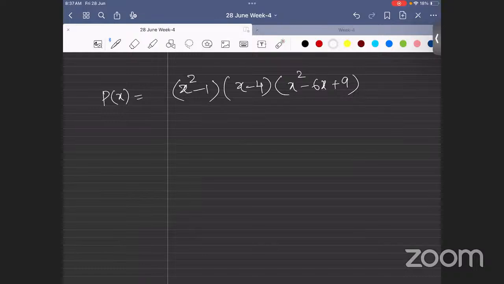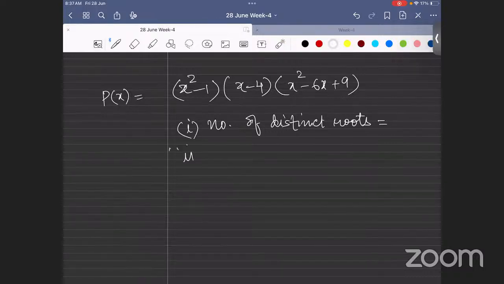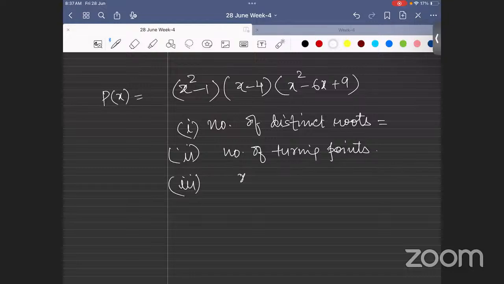Now you have to tell me, first of all, the number of distinct roots. Four. Okay, the first thing is this one. The second thing that you have to tell me is the number of turning points. Then, as x tends to infinity, p(x) is tending to what?